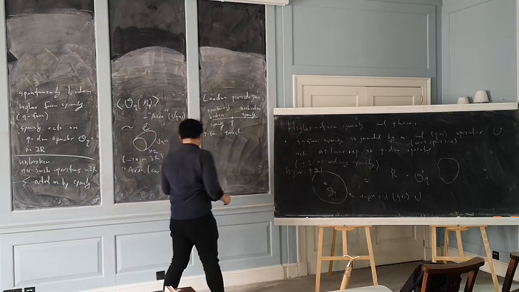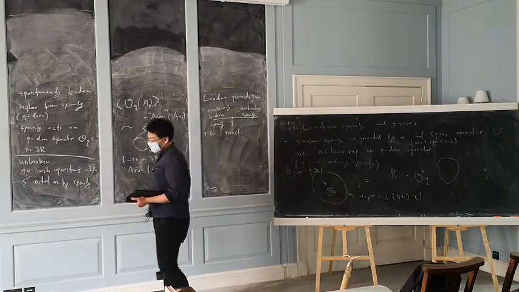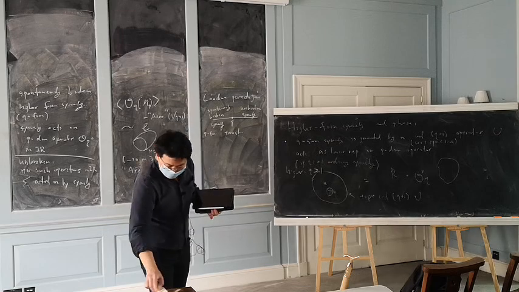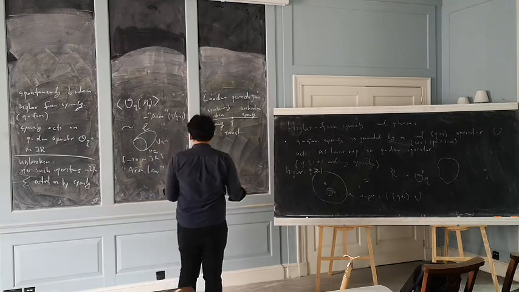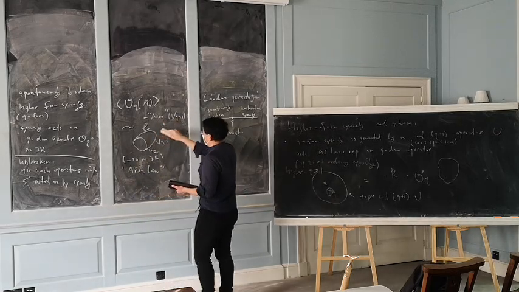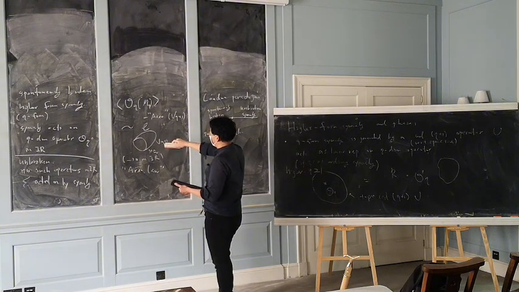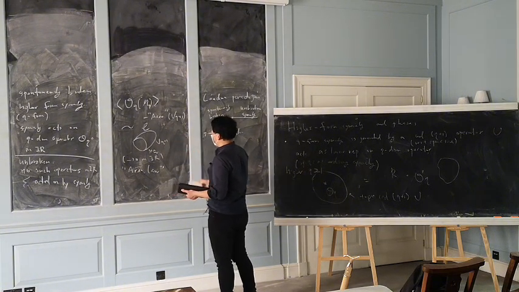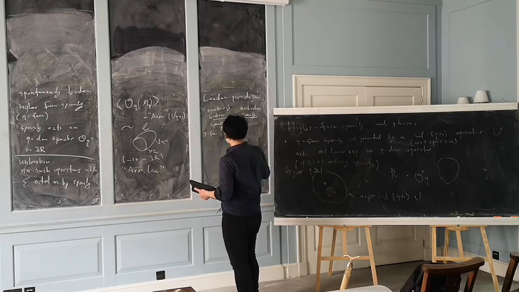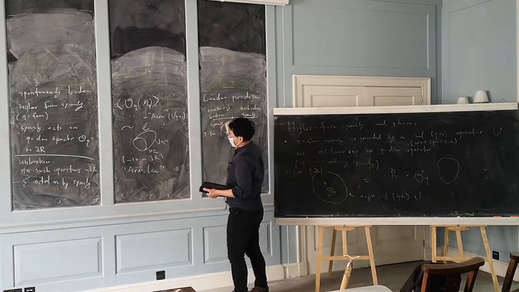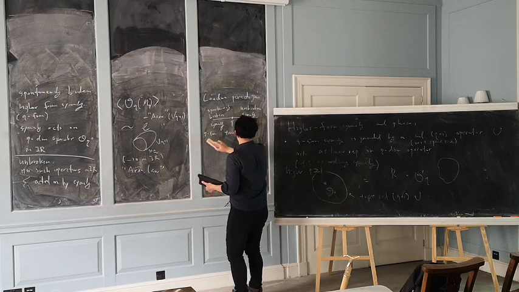Okay. On the contrary, if you find an operator whose expectation value does not scale with the area or the volume of the one-dimension-higher manifold, but by the volume of the manifold itself, then it's called the perimeter law.